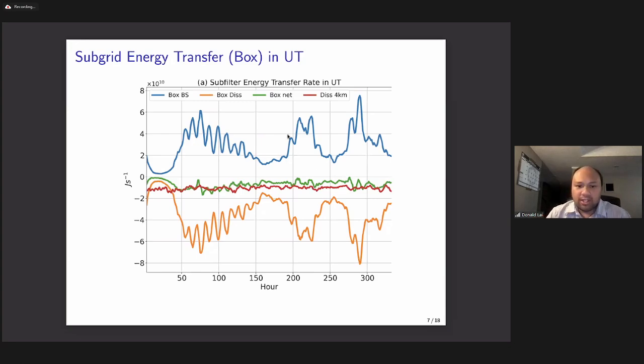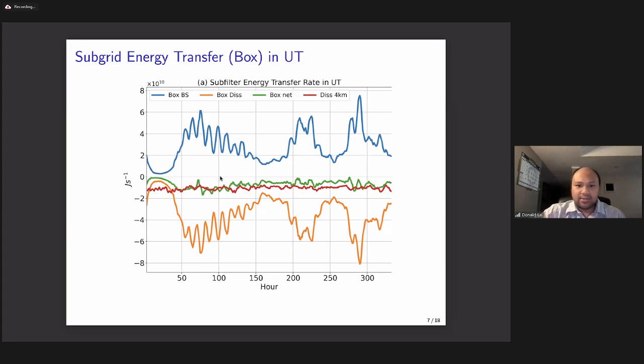So we performed another simulation at 4 kilometers to compare to the a priori study that we have. As we could see, the green curve and the red curve are pretty similar. It means that the 4 kilometer simulation and the a priori study match up really well, but the 4 kilometer simulation uses a traditional eddy viscosity model, so it is just dissipative.